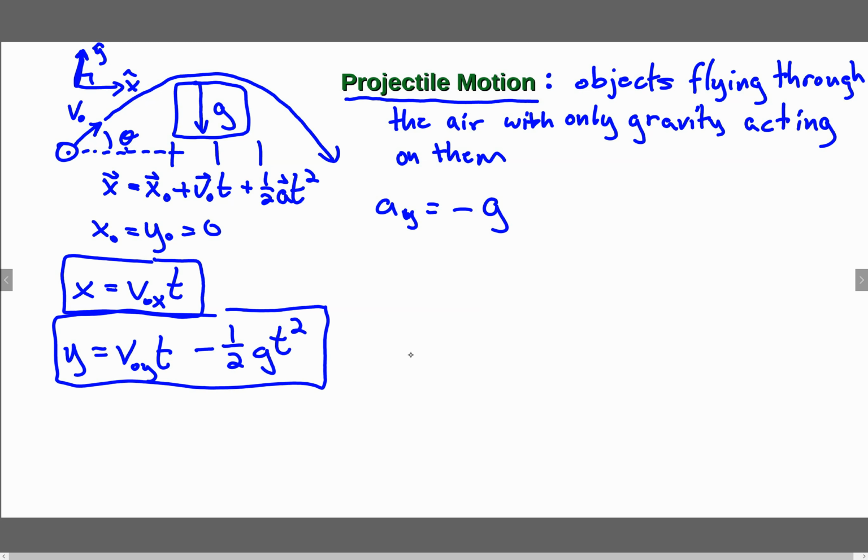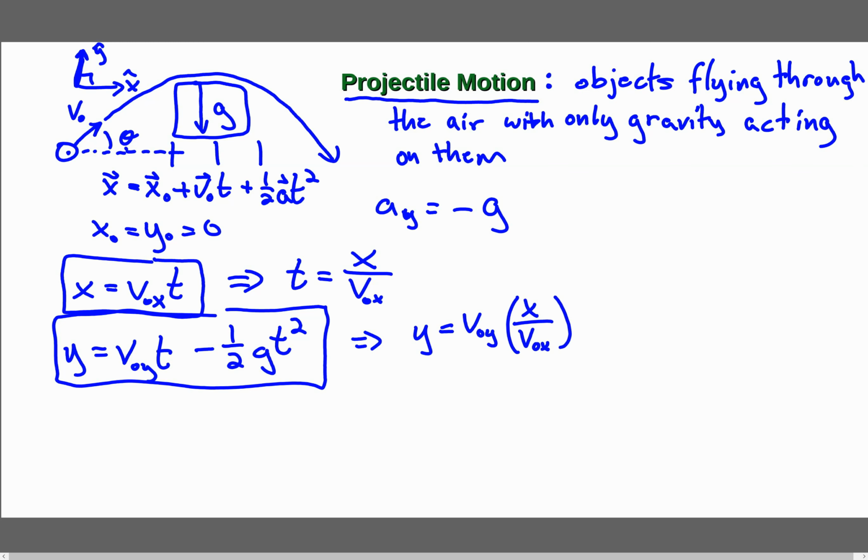I can manipulate this x direction equation algebraically and say that t equals x over v0x, okay? And then I can stick that into our y equation. So y equals v0y, and then we replace t with something that's equivalent.